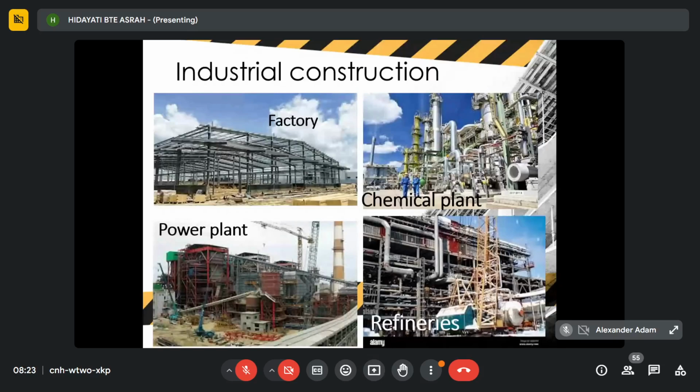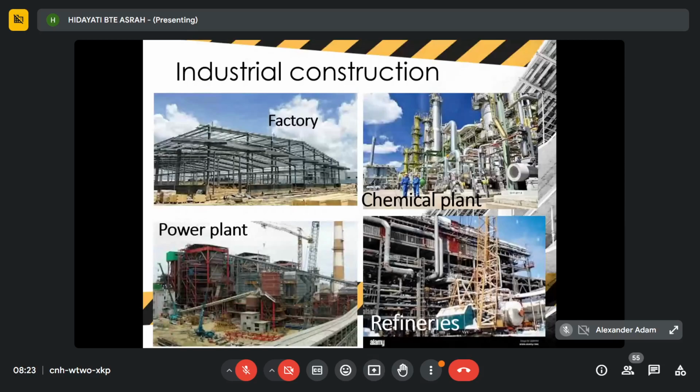For example, factories, warehouses, distribution centers, power plants, refineries, usually oil refineries, chemical plants, manufacturing facilities, assembly plants, and so on. There are many examples.